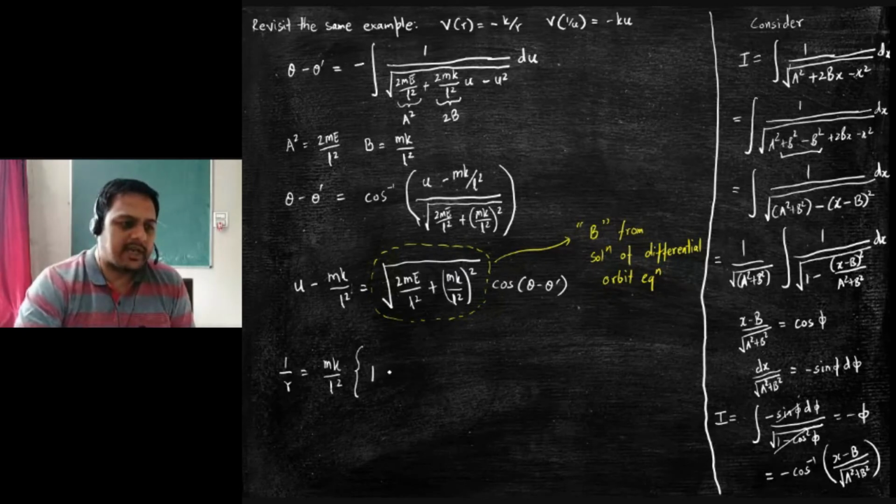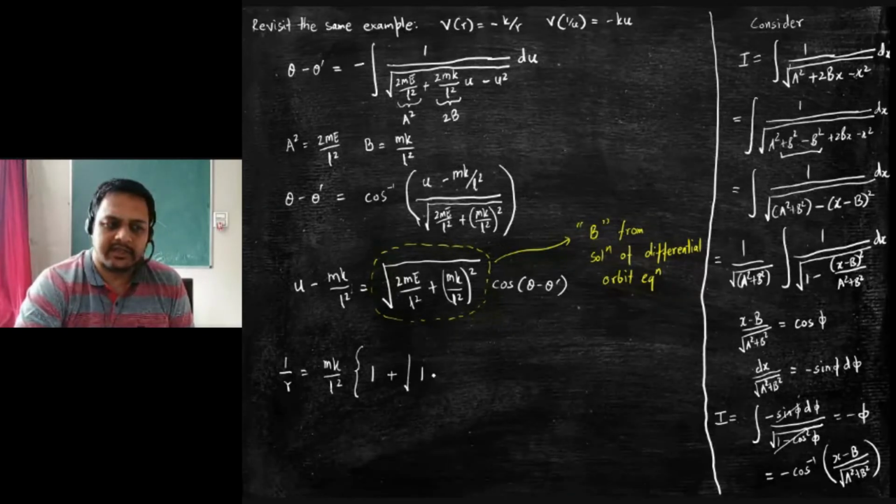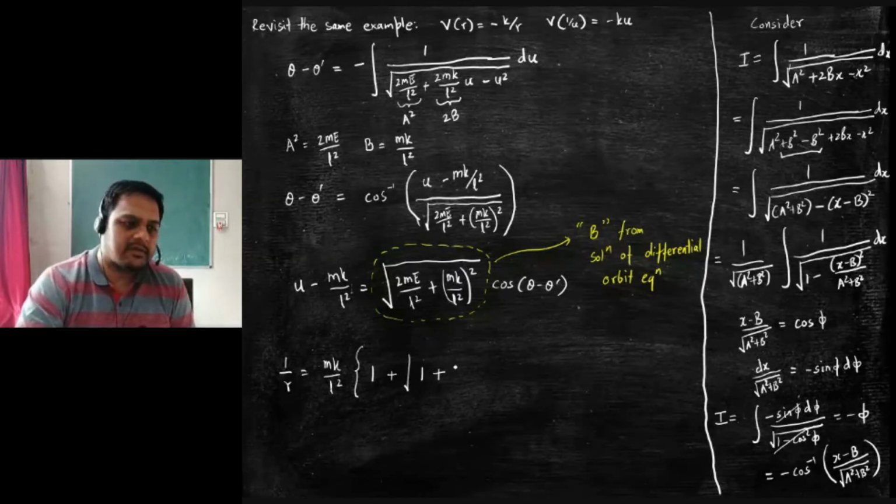From the square root, we have to take mk by L square common. What will come? mk by L square will come out as it is. 1 plus. Here if I take mk by L square common, I will get the following thing. Have a look. Try it out.